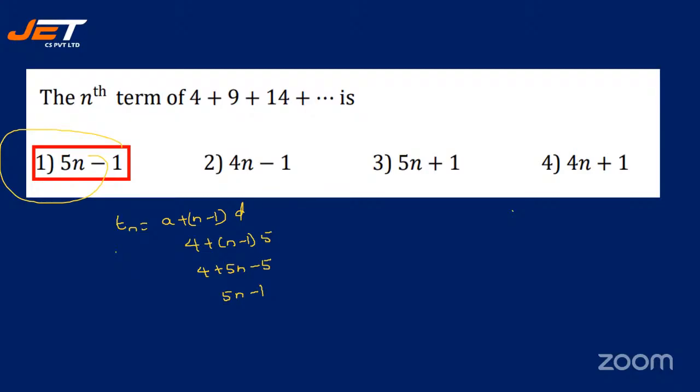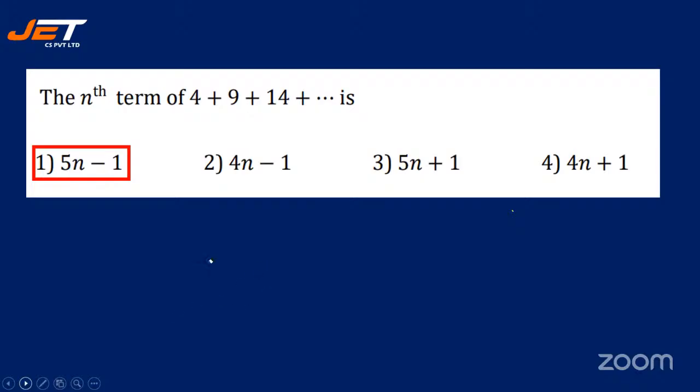So just multiply 5 inside this. 5 into n is 5n, minus 5 into 1 is 5. So 5n minus 1. Let me quickly erase it, otherwise I'm not able to move on to the next screen.